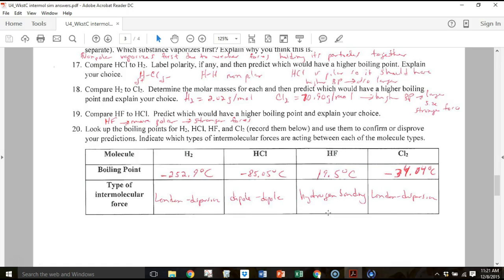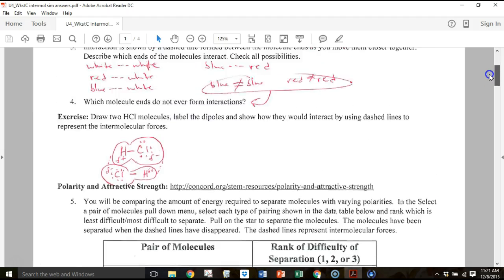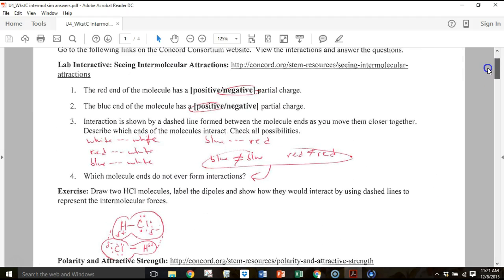So you do need to pay attention to the size of the molecule and not just whether it is dipole-dipole or hydrogen bonding or dispersion forces. So that's it for this worksheet for the simulation. And again, we'll be doing more comparisons with the attractive forces in the future.